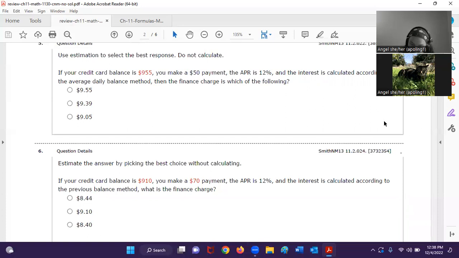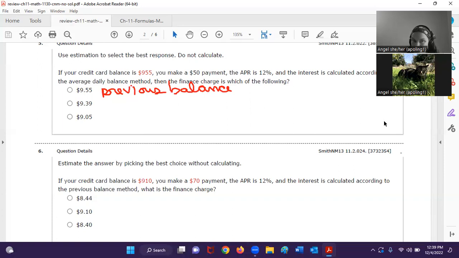Okay, so if we were using the previous balance, we would have the 9.55 as the finance charge because the previous amount was $955 and our interest rate is 12%, but it's a monthly situation, so we're dividing by 12.